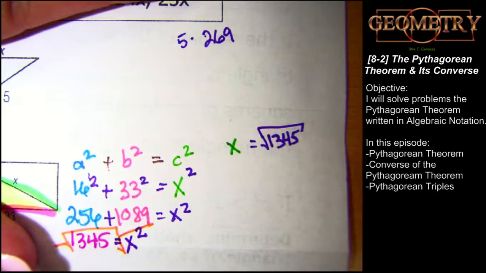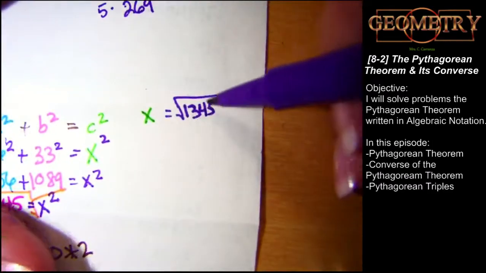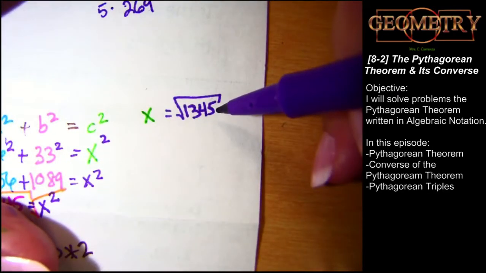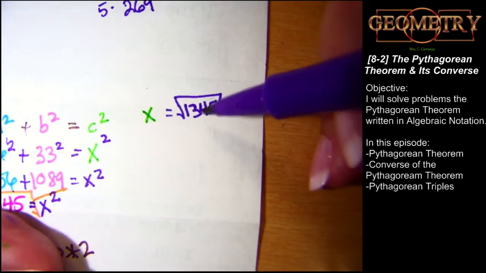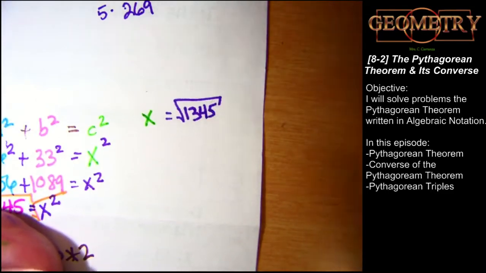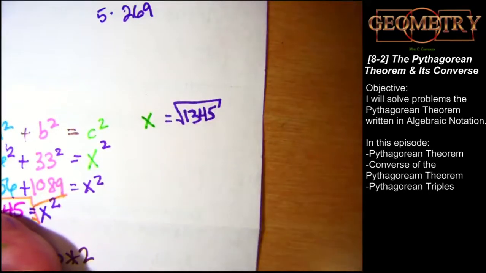I wonder if this number is divisible by 9. Check to see if it's divisible by 9. No? Okay, now I'm just going through perfect squares because I don't know. What about 25? No? 16?